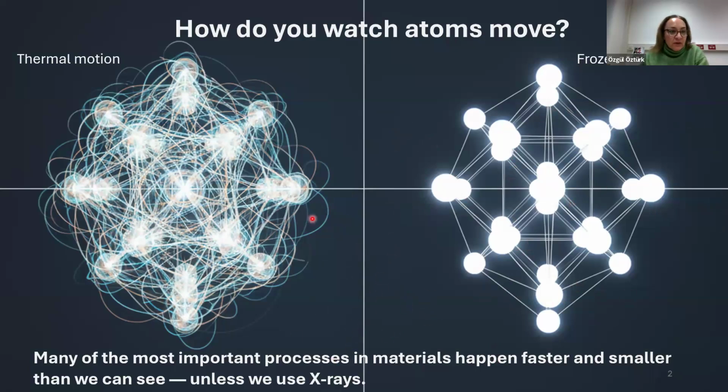But when it is in thermal motion, many of the most important processes in materials happen faster and smaller than we can see. But we can see them if we use X-rays. As you know, today is the 4th day of the school, so you already have a lot of information about the usage of X-rays.